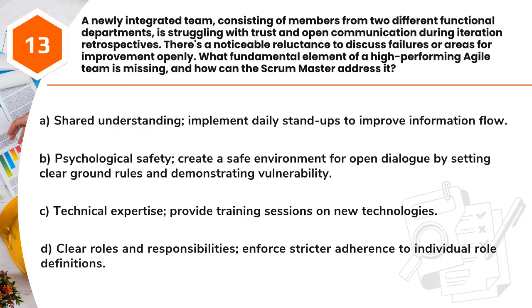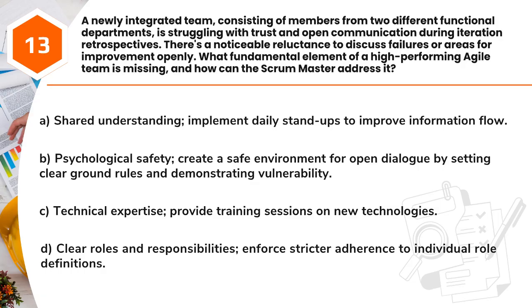Question 13. A newly integrated team, consisting of members from two different functional departments, is struggling with trust and open communication during iteration retrospectives. There's a noticeable reluctance to discuss failures or areas for improvement openly. What fundamental element of a high-performing Agile team is missing, and how can the Scrum Master address it?